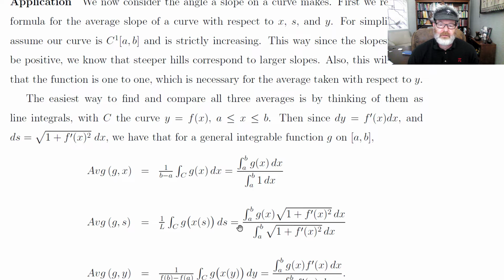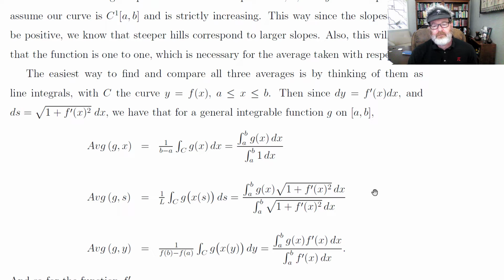So this is a line integral with respect to arc length. That would give me the average value of g if you take points equally spaced along the curve itself, y equals f of x. If you take points equally spaced on the x-axis, you get this average value. The more points you take, the closer you converge to this value.